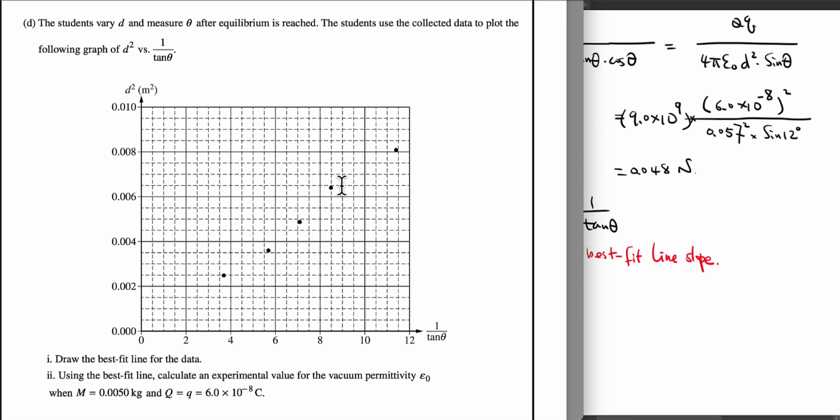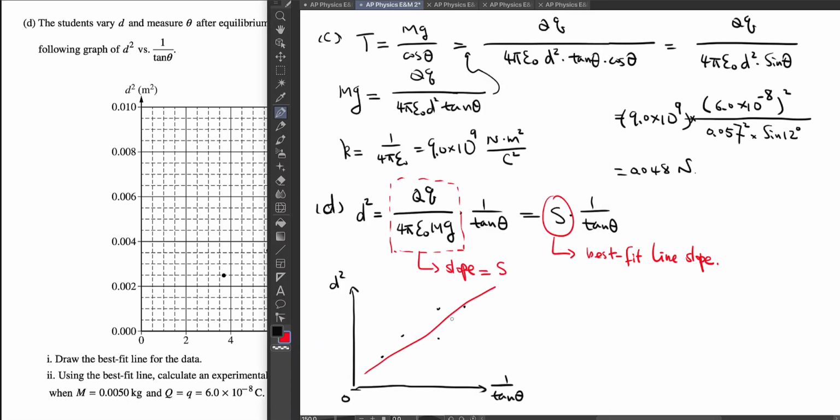Okay, and then you would identify two points along the straight line, the best fit, and then you will do the second part of the question. You will estimate the slope. So you're going to pick two points here and there, and then you will get their coordinates. That's 1 over tangent theta 1, 1 over tangent theta 2.